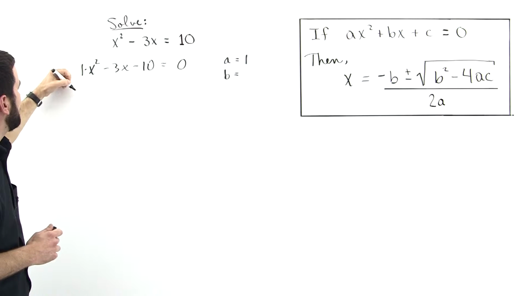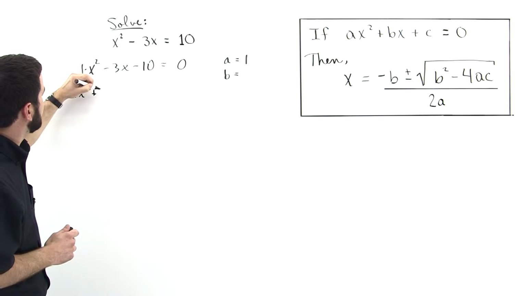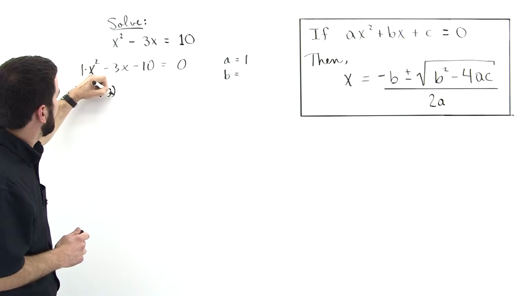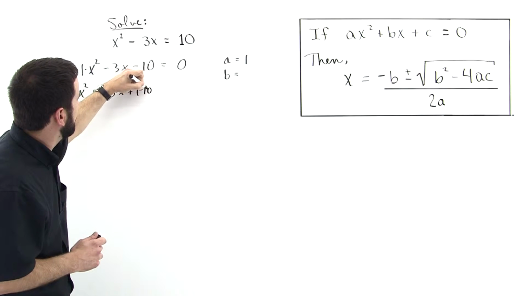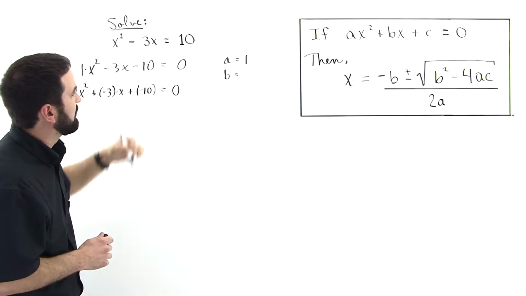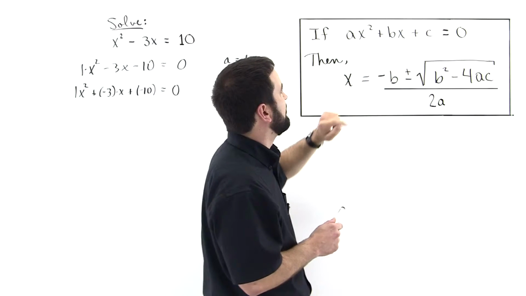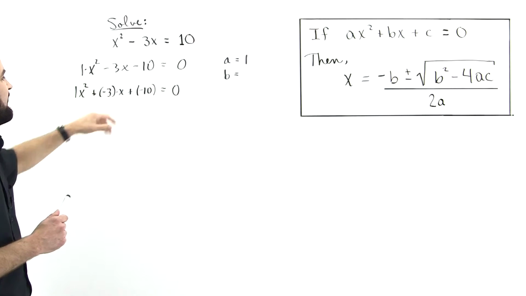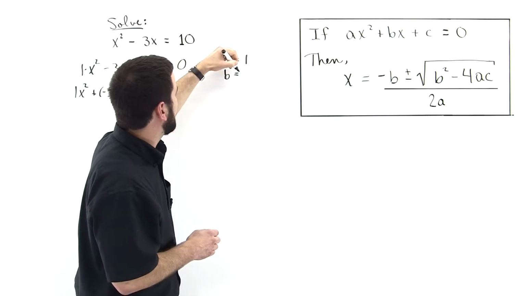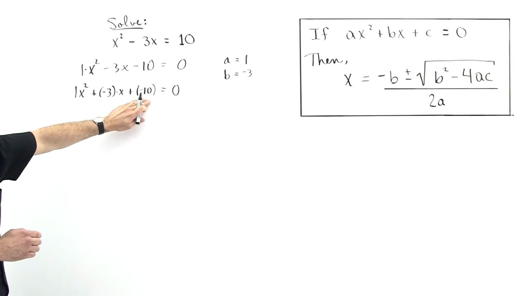Because this could be written 1x squared plus negative 3 times x plus a negative 10, right? Because notice that the quadratic formula is derived with these positive signs, right? So this coefficient in front of this x is actually this negative 3 here. So then b is equal to negative 3. And then c is equal to negative 10.